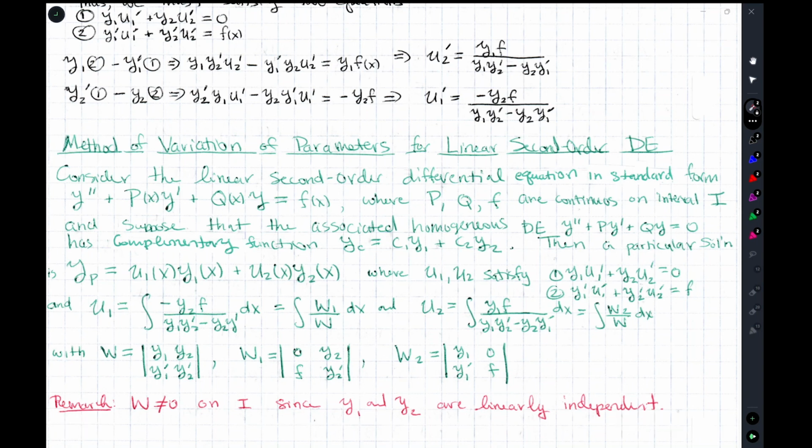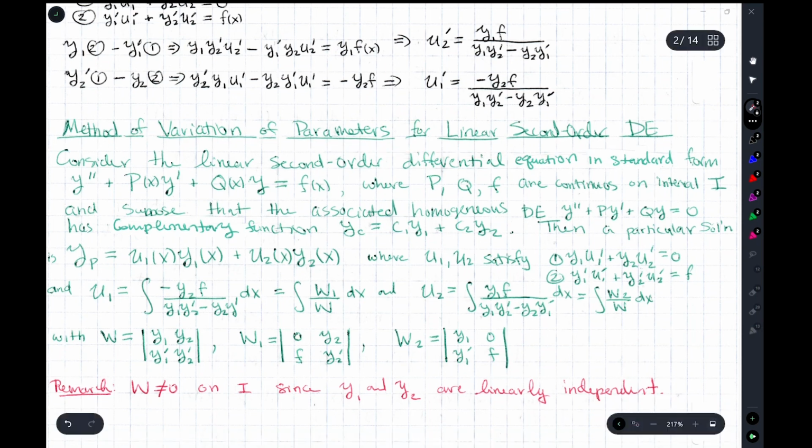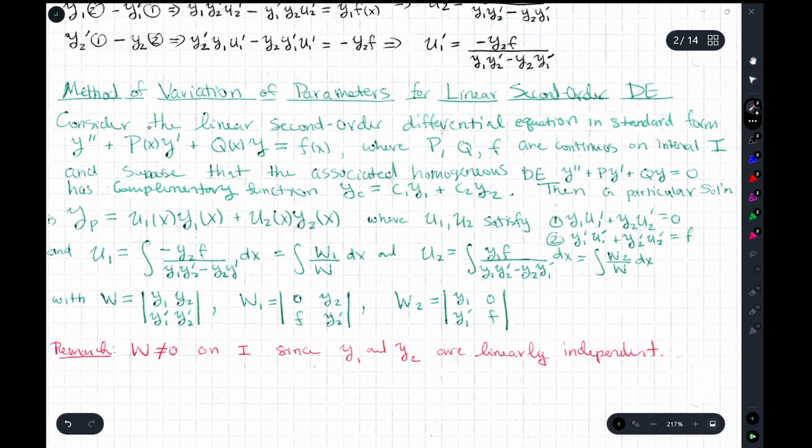So here's a summary of the method of variation of parameters for linear second order differential equations. Consider the linear second order differential equation in standard form, where p, q, f are continuous on the interval I, and suppose that the associated homogeneous differential equation is there and has the complementary function that you see there.